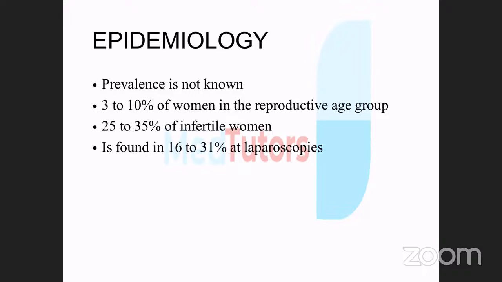So the incidence of endometriosis is higher amongst women with infertility. It has been found that endometriosis is seen in 16 to 31% of diagnostic gynae laparoscopies, which means the prevalence is quite high. Next slide.